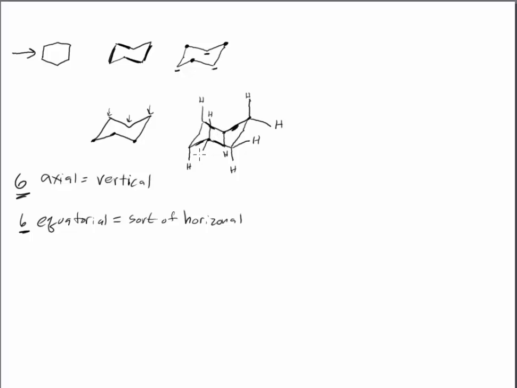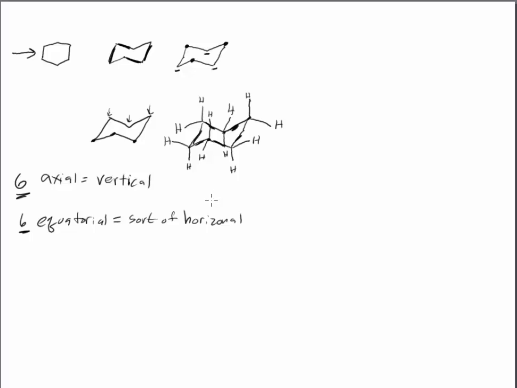And so they will, again, parallel 2 of those carbon-carbon bonds. And then finally, over here on the left, so there's a cyclohexane chair with all 12 CH bonds drawn in their proper position.